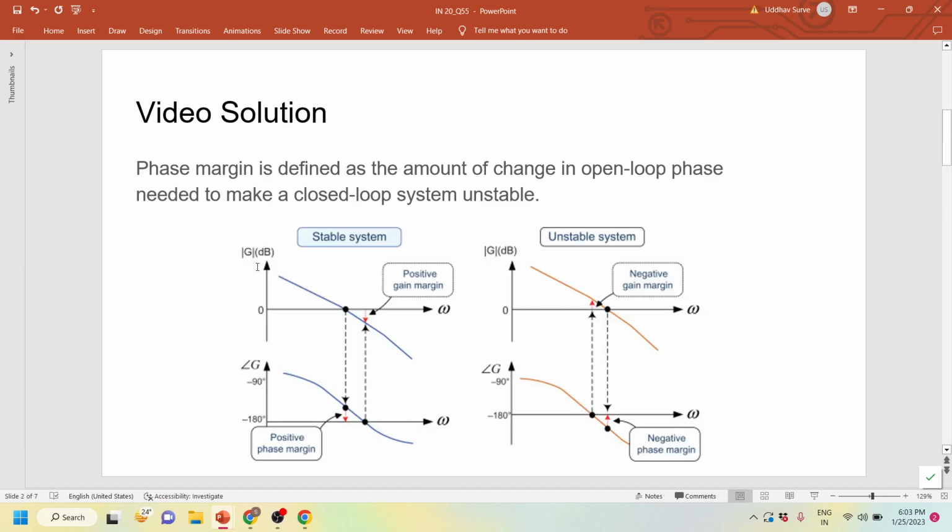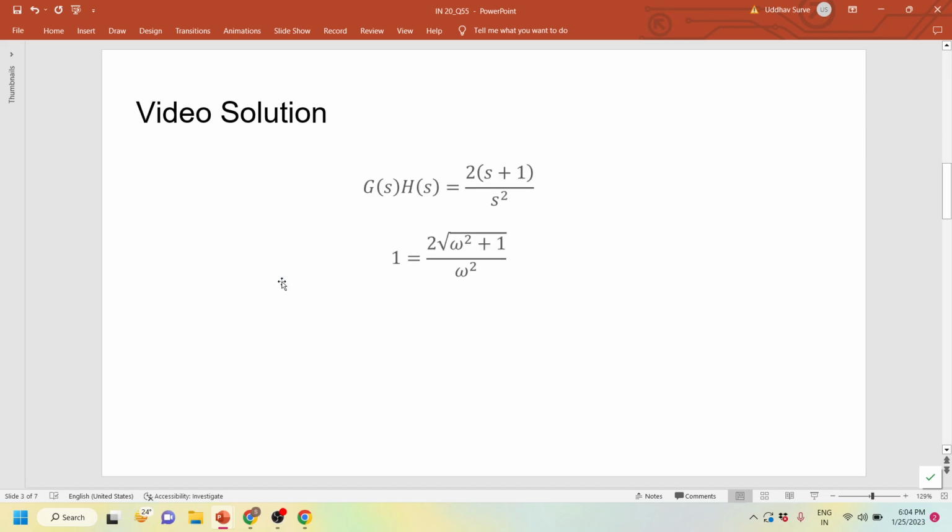Basically we have to check at the 0 dB line. 0 dB corresponds to a magnitude of 1. So when we substitute s equal to jω and equate the magnitude to 1, we get this expression. Then we rearrange these terms, substitute ω² as some constant k, and solve this quadratic equation.